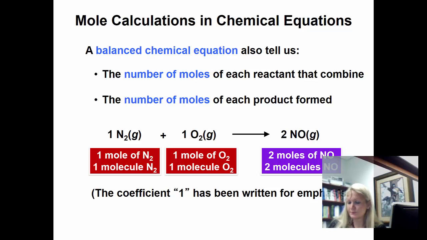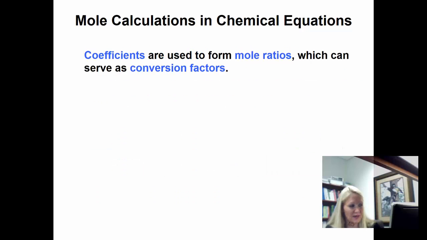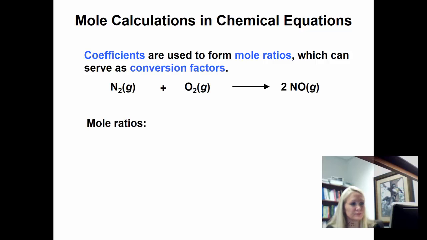If you look here, we have 1 mole of nitrogen for every 1 mole of oxygen, and that yields 2 moles of product, nitrogen monoxide. Because the coefficient out front is 1, it's just there for emphasis, so typically we don't have to draw in that 1. Those are called mole to mole ratios. I'm going to show you that on the next slide.